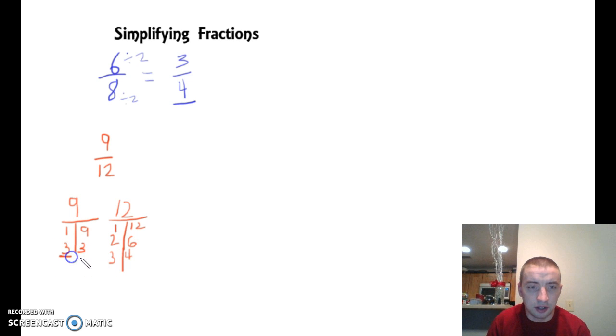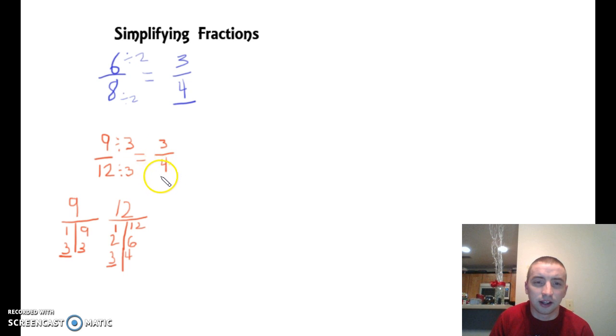I see that 3 is the biggest number they have in common. So I can divide a 3 out of both of them. And so 9 divided by 3 is 3, and 12 divided by 3 is 4. So my simplest form would be 3/4 as well on that one.